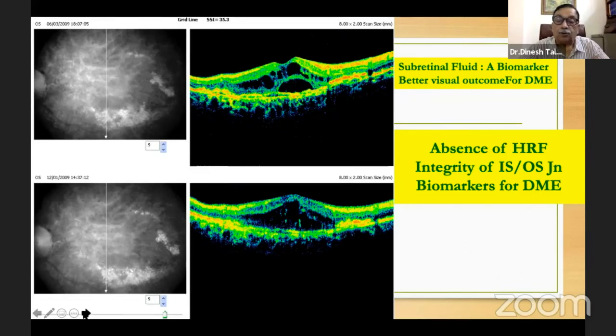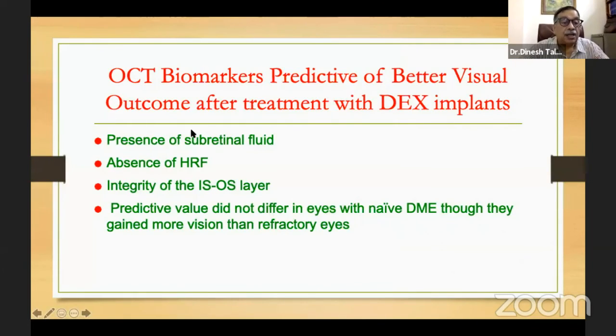And we will also discuss the ISOS junction. Now, presence of subretinal fluid, absence of hyperreflective spots, and complete integrity of the ISOS junction, these are all predictive of better outcome following treatment. There's a study which was done with dexamethasone implants, which showed that this was good.